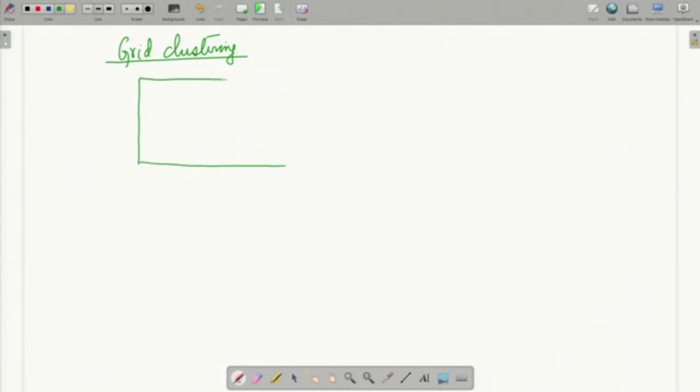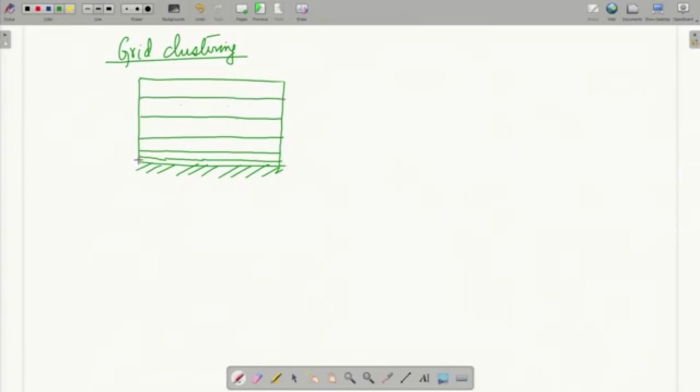Let us draw a domain where we assume that the bottom boundary is a solid boundary, and next to that we need to refine the mesh significantly, and of course, we are looking at the mesh in a very zoomed manner, so that the finest mesh levels are not well visible to us.